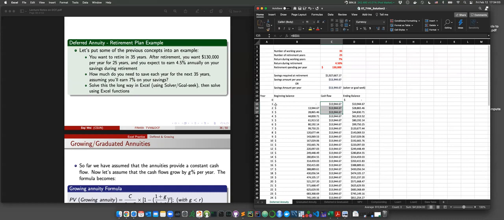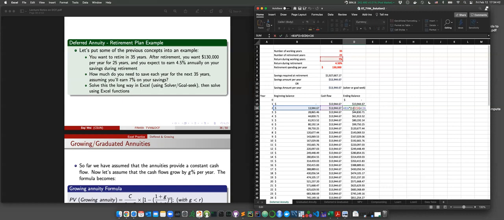So at year 1, the beginning balance is going to be 0. The intermediary cash flow is the number you are going to solve for, right? So the ending balance is the level you deposit times 1 plus the required rate of return during the working years, plus the beginning balance, which is 0 in this case.